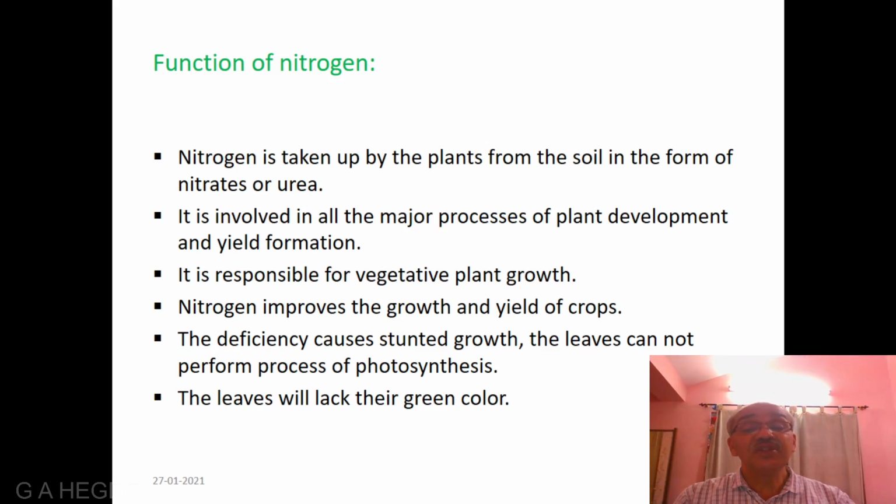It is responsible for vegetative plant growth. Nitrogen improves the growth and the yield of crops. The deficiency causes stunted growth. The leaves cannot perform the process of photosynthesis. The leaves will lack their green color.